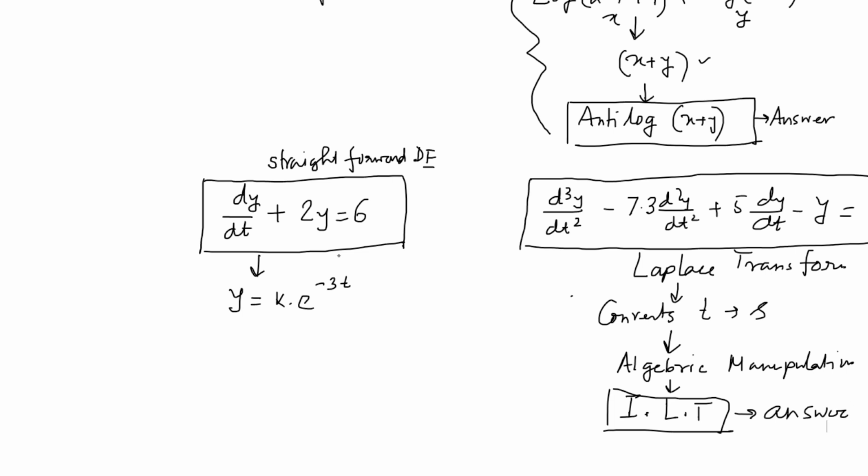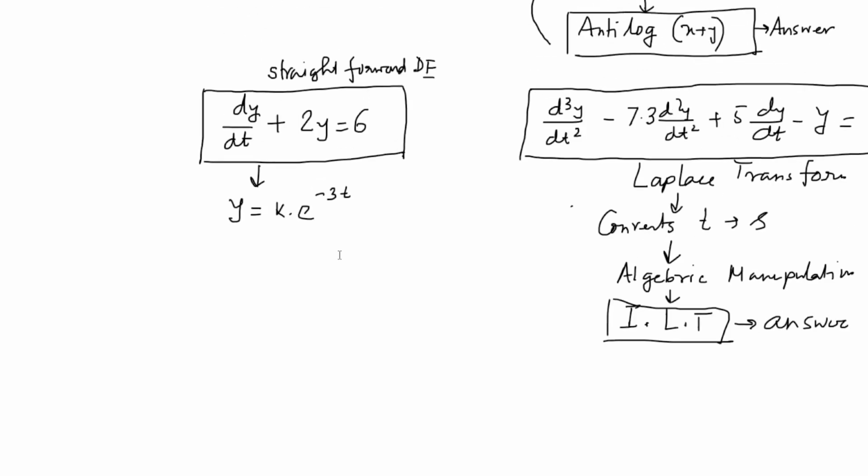So here is the utility of the Laplace transform. If you do a comparative study, you see the differential equation approach, or time domain approach, or classical approach, is very good when the problem is very simple and straightforward.